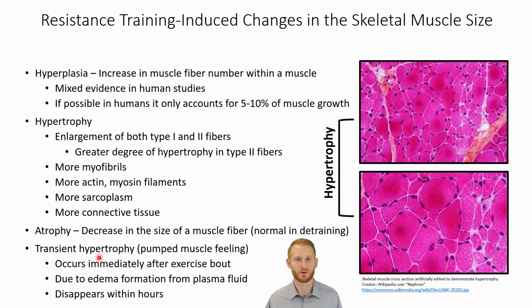It's not real hypertrophy. Yes, your muscles feel bigger, but it's just an increase of sort of fluids trapped in the muscle cells. It's not an increase in protein of the muscle cells. So it happens immediately after exercise. It's edema, so it's swelling, it's fluid collection, and it disappears within minutes to hours after the exercise bout is completed. So transient hypertrophy is not real hypertrophy.